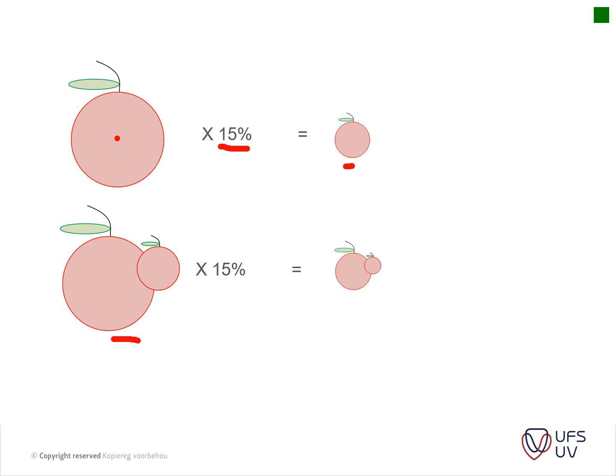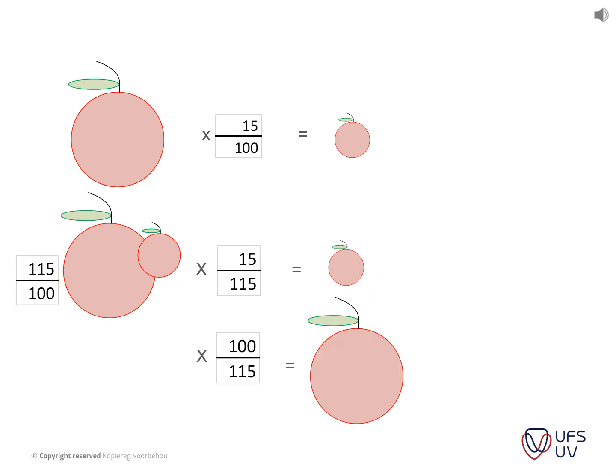So your original amount is the original amount plus the 15%, and thus if you times this with 15%, you end up with 15% plus your original amount that you times it with. So you're not ending up with only the 15%. This item already includes 15%, so if you times it with 15% again, you include this little 15% already in the calculation. So let me just go to the next slide.